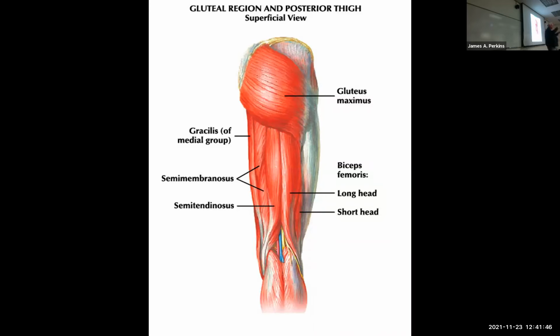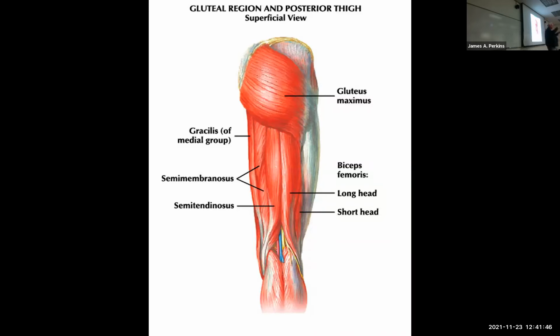The gluteus maximus has a couple of functions. By far, its most important function is that it is the primary extensor of the hip. Remember, at the hip joint, this is flexion, bringing the thigh forward, but extension is the opposite motion, bringing the thigh posteriorly at the hip joint.